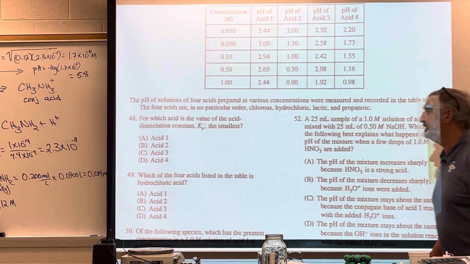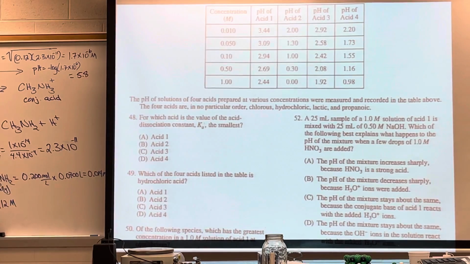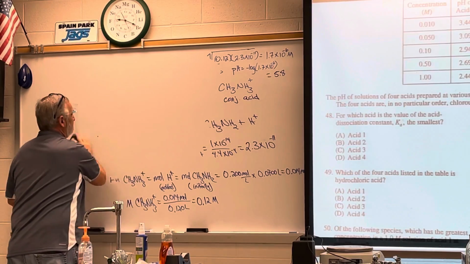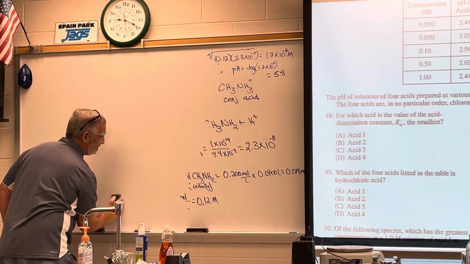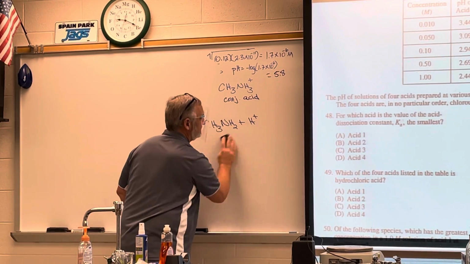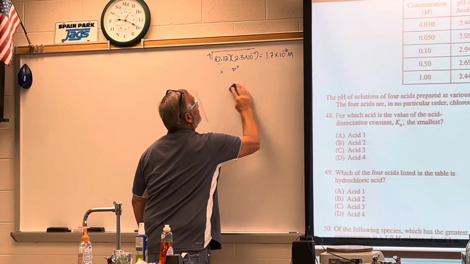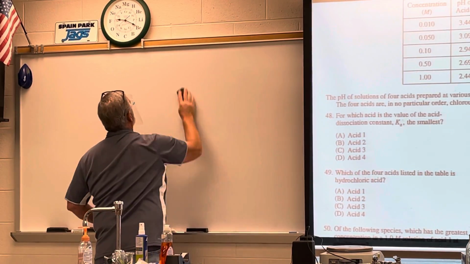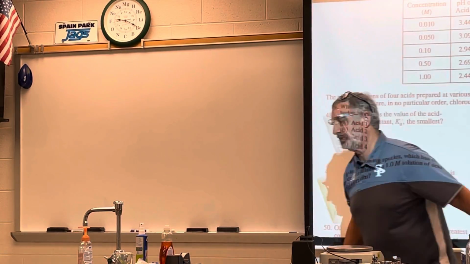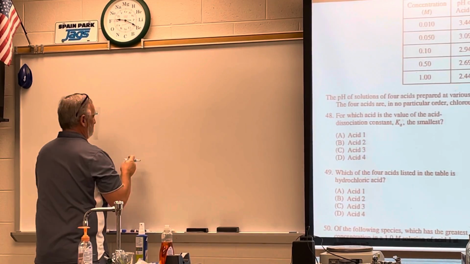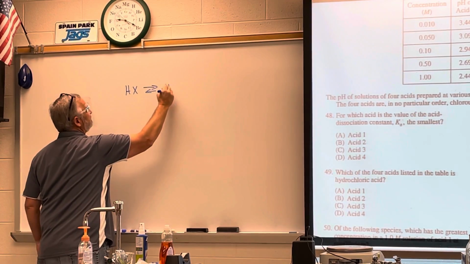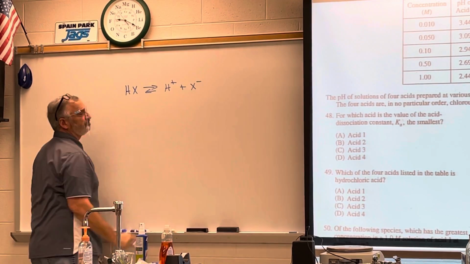Remember, this is a key point that I'm about to share, which we've already talked about, but I want to reinforce and stress the importance of understanding this and being able to do this. We'll just say HX goes to H plus and X minus.